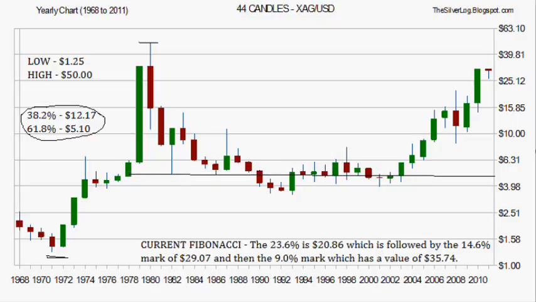We'll say right there. What happened was it came down and it found support. Then it really went below it a few times, but at no point did it ever confirm that it was going to break below. For this rally from 1972 to 1980 to not become a failure, it has to hold $5.10 per ounce.